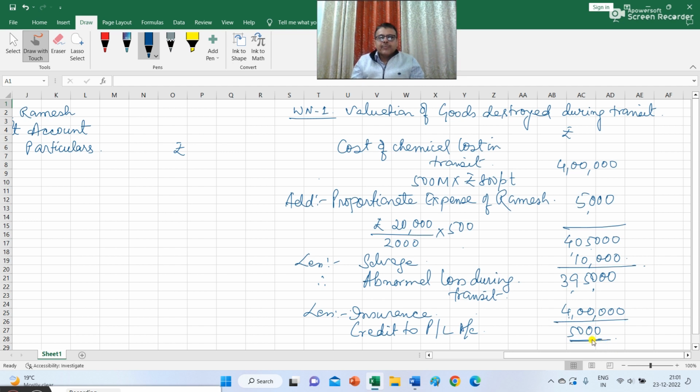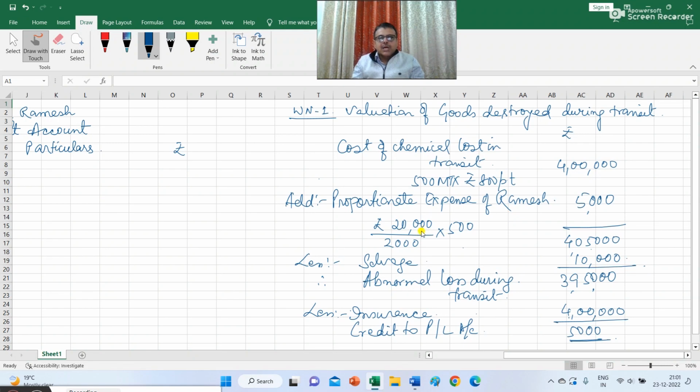So let me again explain. So cost of chemical that was lost during transit is for rupees 4 lakh. There is 500 metric ton. Multiply this with rupees 800 per ton is 4 lakh. We have added the proportionate expense of Ramesh, who is the consignor.